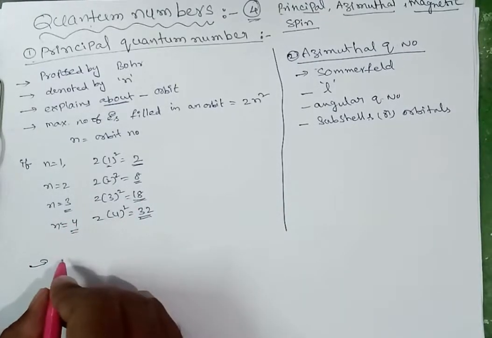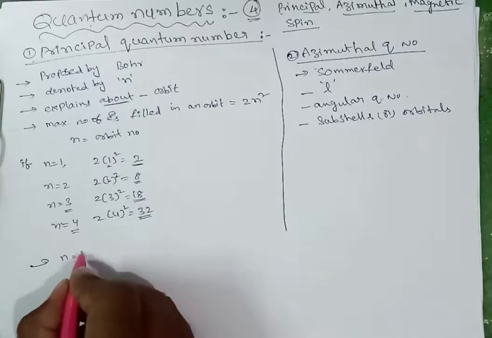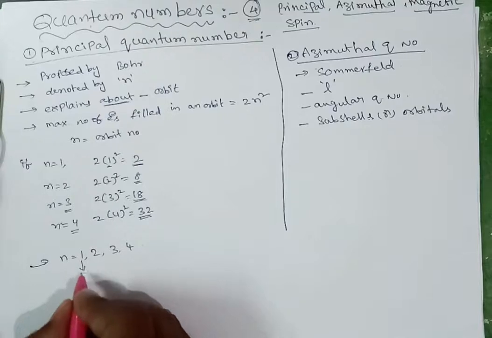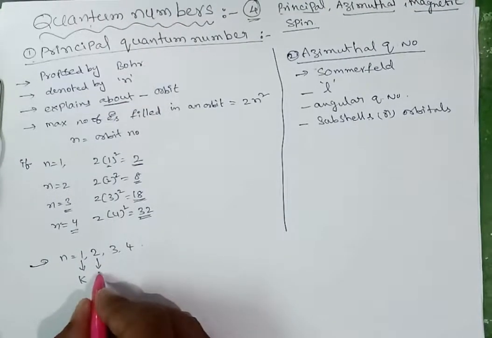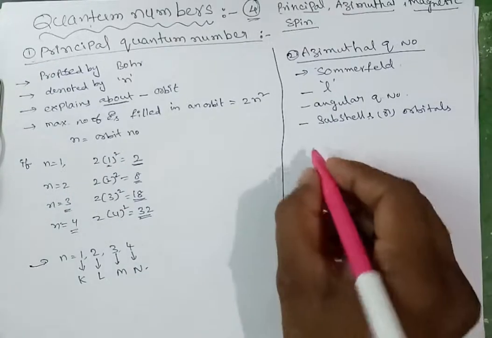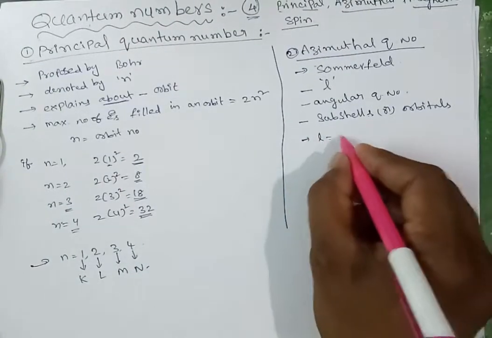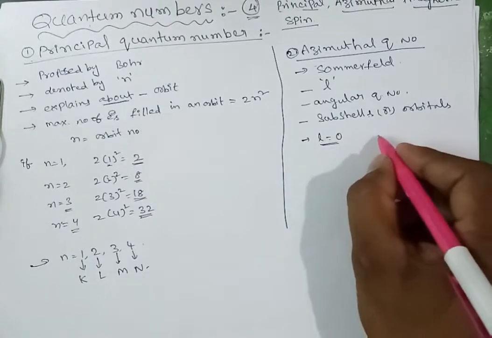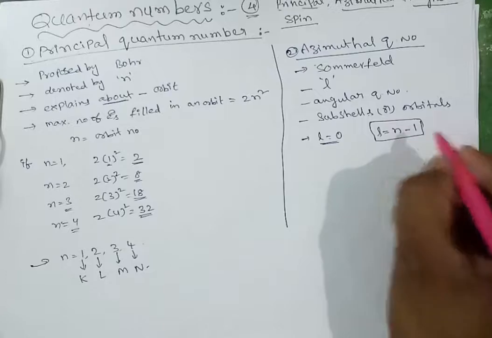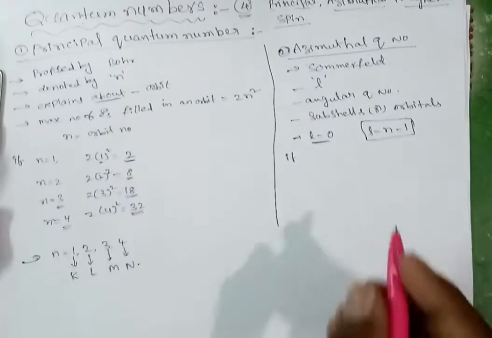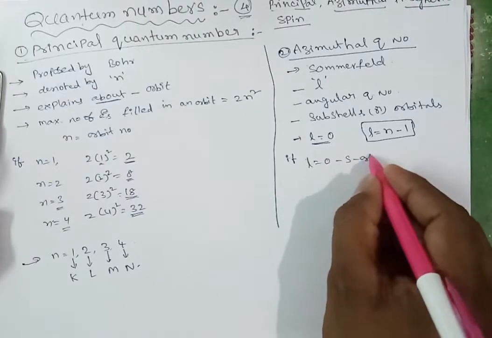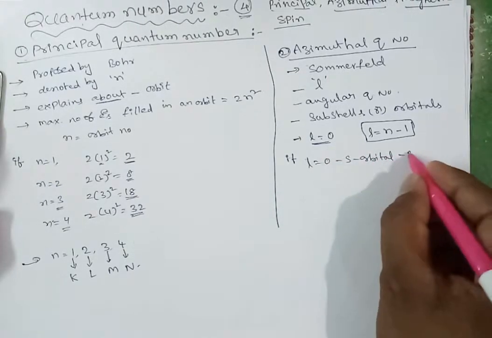The principal quantum number starts from 1. If n equals 1, that is K shell, then L shell, M shell and N shell. Here the l value starts from 0 because we have the formula l equals n minus 1. If l equals 0, that is s orbital, and the shape of s orbital is spherical.